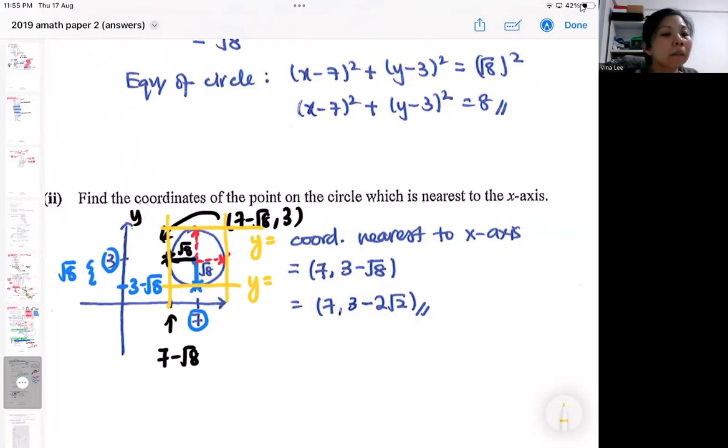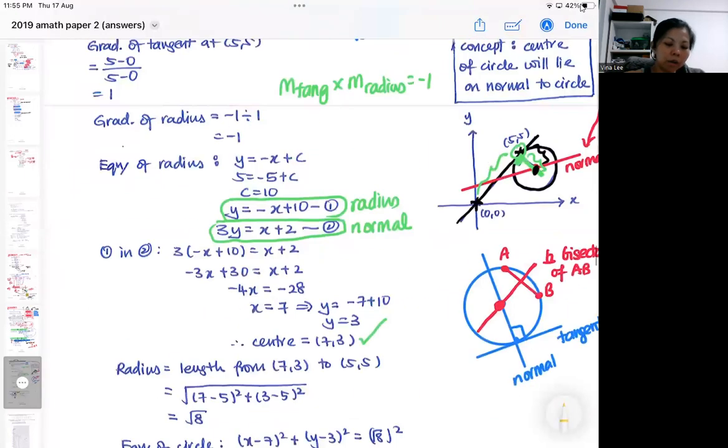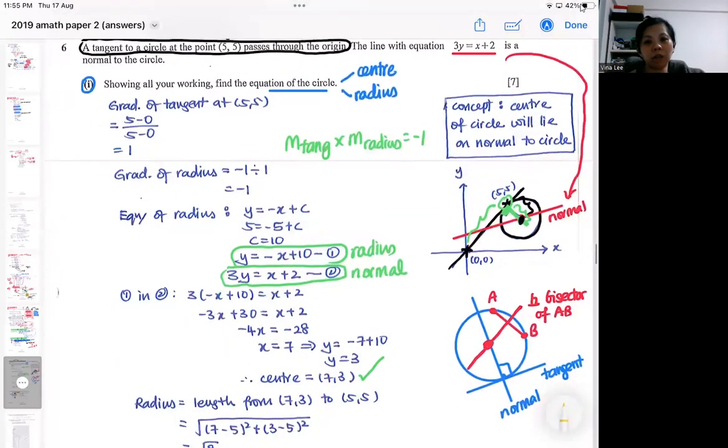So they can ask for the equation of the tangent at the highest or lowest point, or at the 2 sides of the circle. Both are either vertical or horizontal. You can draw it out and visualize. There are some questions that play around with all this. So this question can be a bit difficult, and you do need to know the concept of which kind of line will pass through the center of the circle.